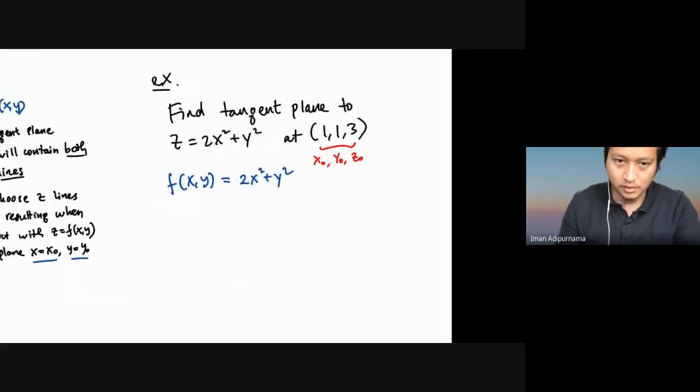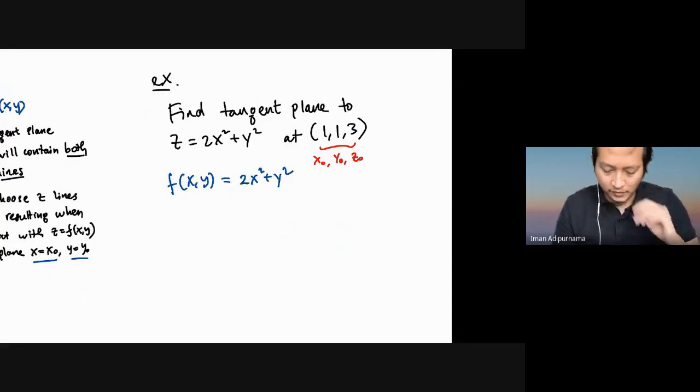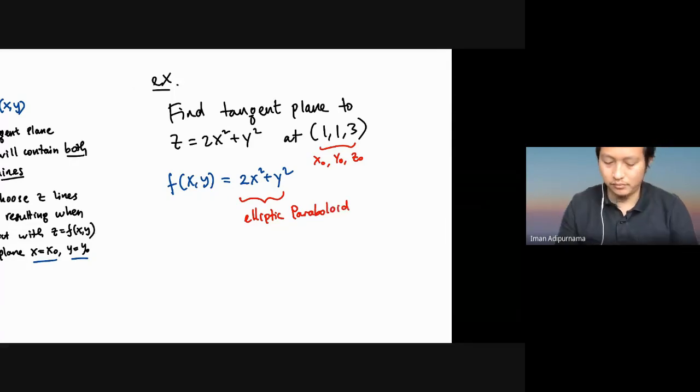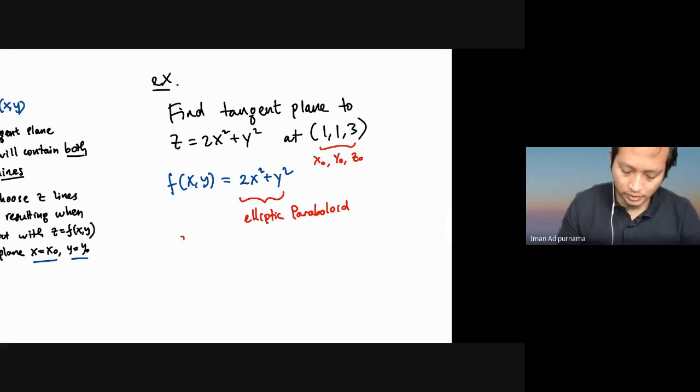If you want to know what this surface is, this is an elliptic paraboloid, right? Because when you have z equal to x squared, it's a parabola.